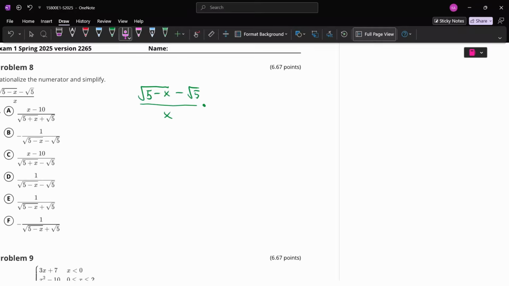Anyway, the conjugate is basically just a version of an expression with 2 terms but with the sign flipped. So we have a minus here, so we're going to replace that with a plus. So we're going to multiply this by the square root of 5 minus x plus the square root of 5 over the square root of 5 minus x plus the square root of 5.